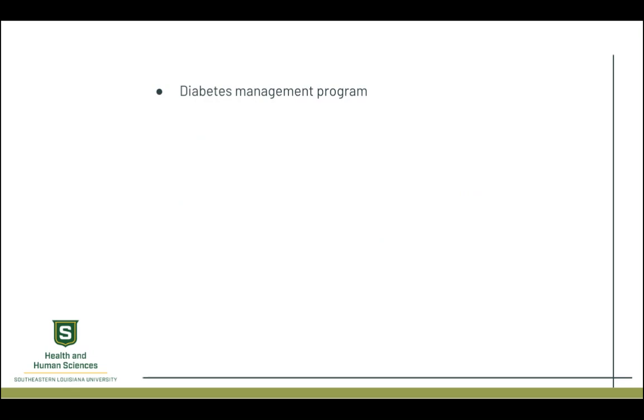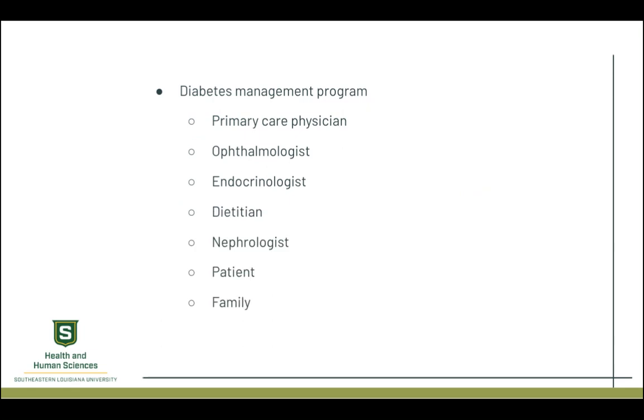So I'm going to use an example of a diabetes management program to illustrate systems thinking in this case. So let's see, we have all of these specialists that are involved in a diabetes management program. We have the healthcare physician, we have the patients, we have the family, and the dietitian, and all of these different specialties are achieving different results.